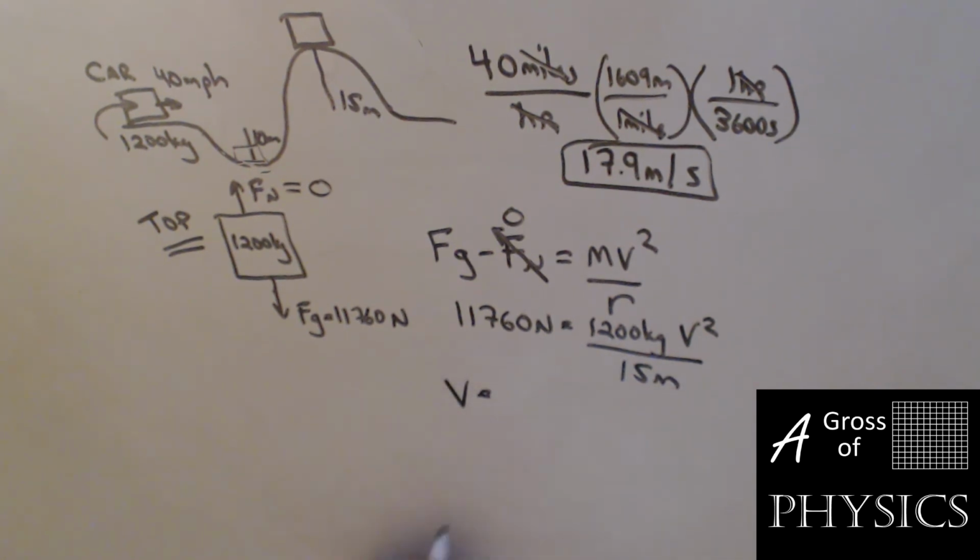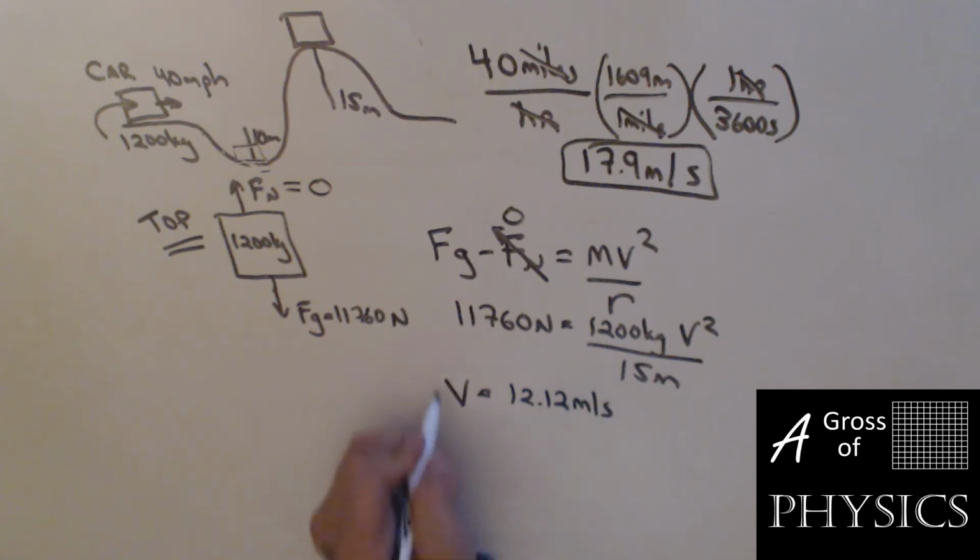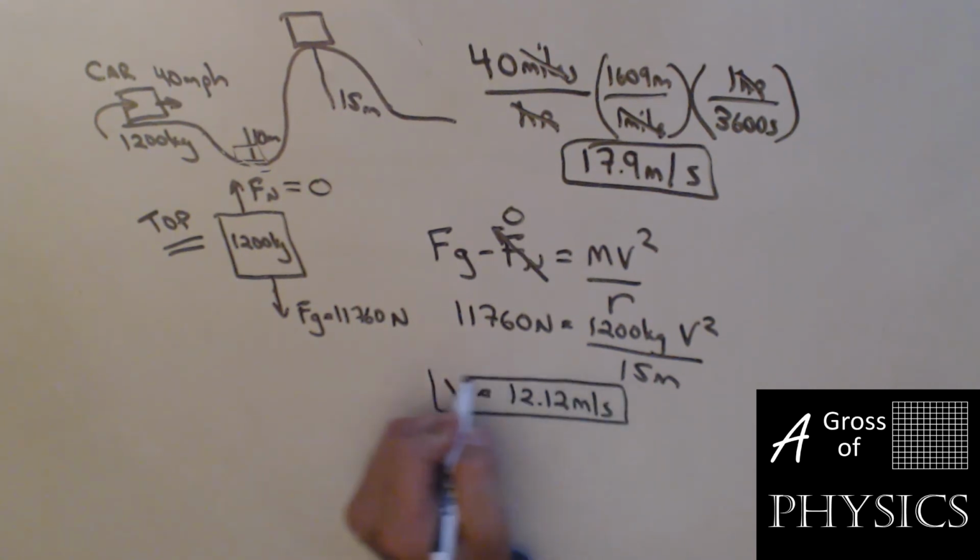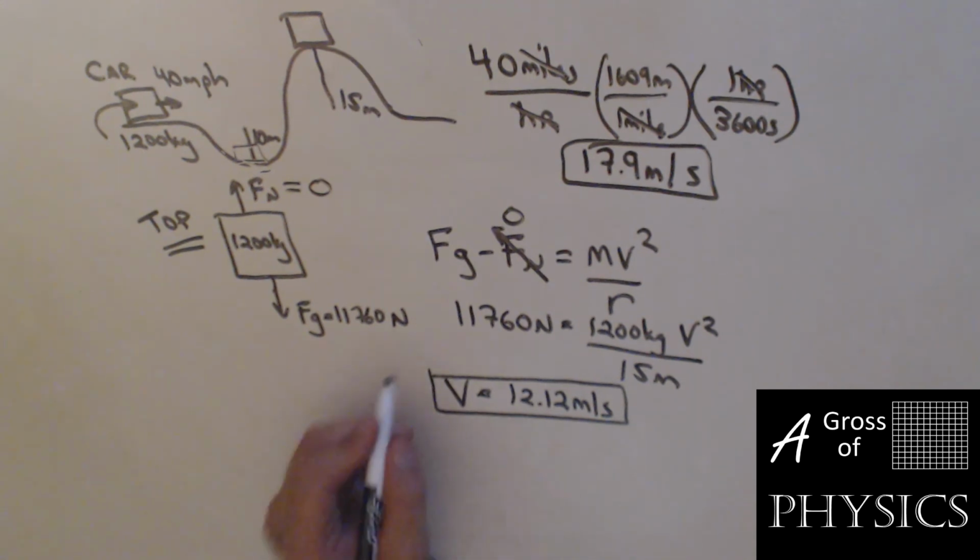What is the speed at which the car will leave the hill? So I'm going to cross multiply 11,760 times 15, divide by 1,200, and then take the square root. And I'm getting 12.12 meters per second. So we exceeded that by over 5 meters per second.